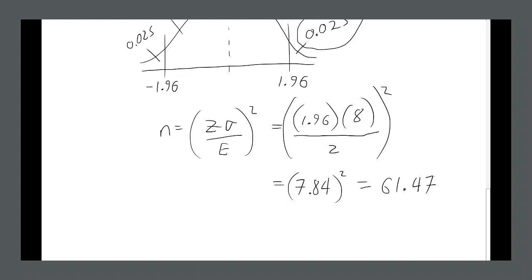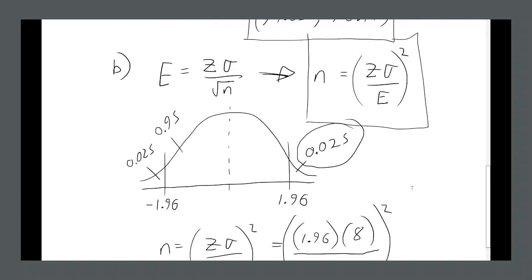Now, since we're looking for sample size, we can't really have an answer that's not a whole number. We're talking about the number of measurements done. Or in a different type of question, might be the number of people surveyed. It has to be a whole number.